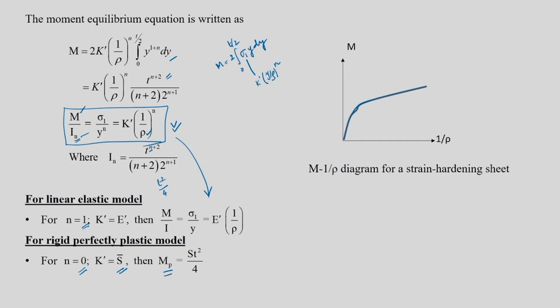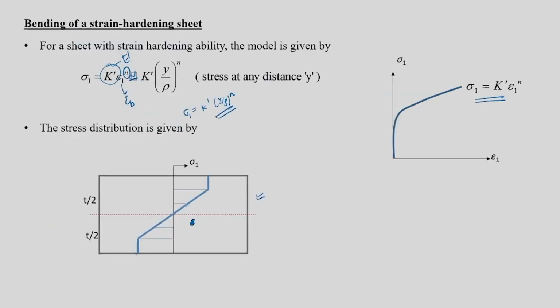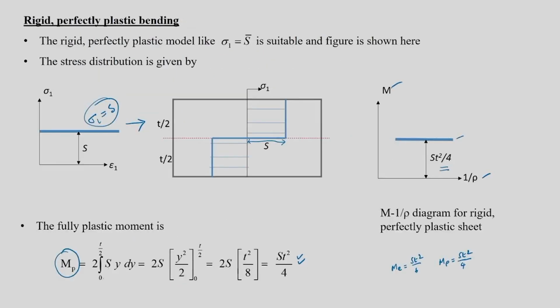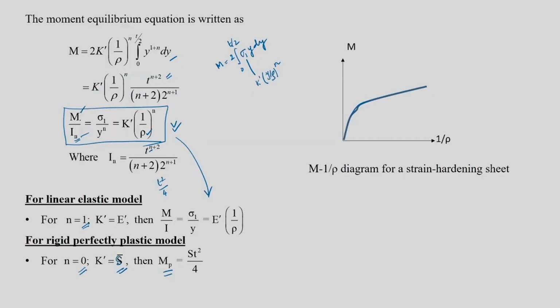So, when k epsilon power n is 0, straight away you can say your sigma 1 is nothing but k dash, which here is S, and the moment is going to be MP only because it is a fully plastic moment. MP can be calculated from the previous equation: M is nothing but In into sigma 1 divided by yn.